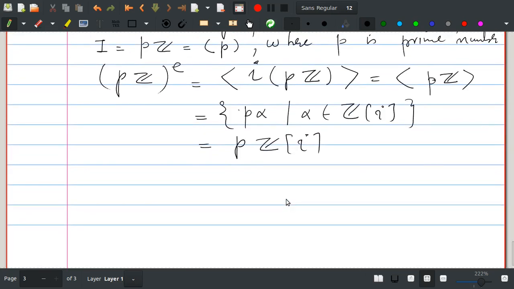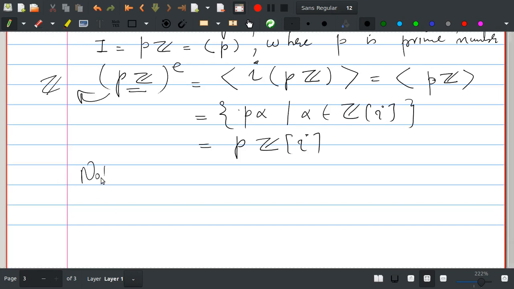Now there is this question: pZ is prime in the ring of integers. Now the question is whether this pZ[i] is a prime ideal in Z[i] or not, and the answer is no, it need not be.